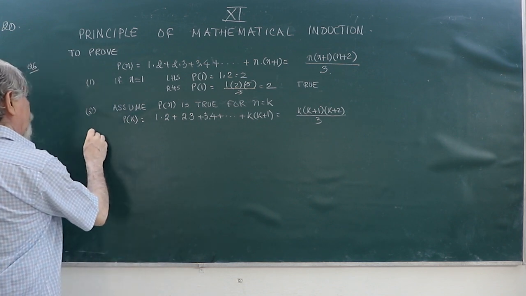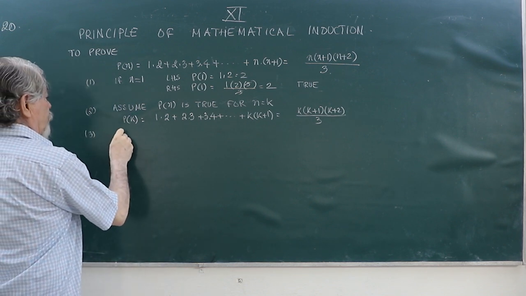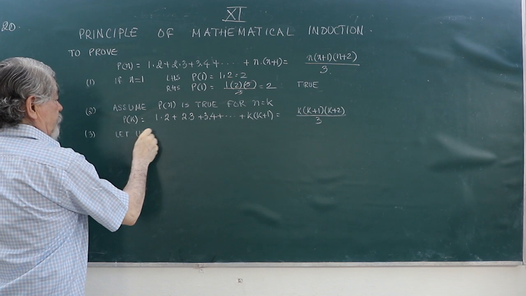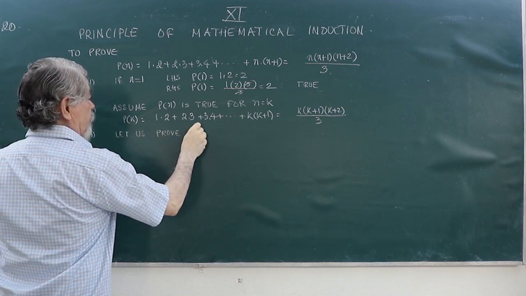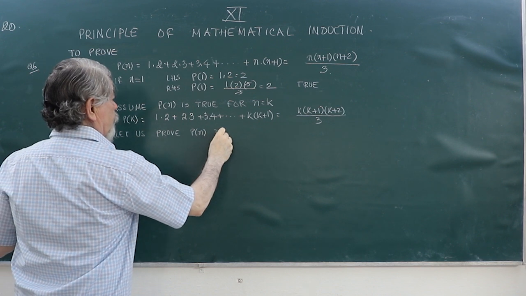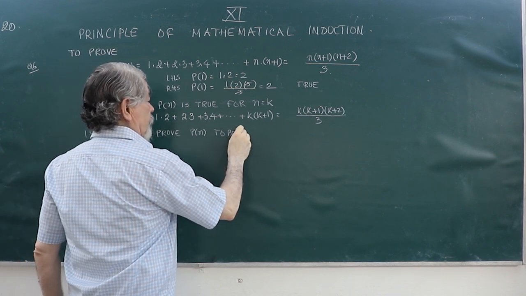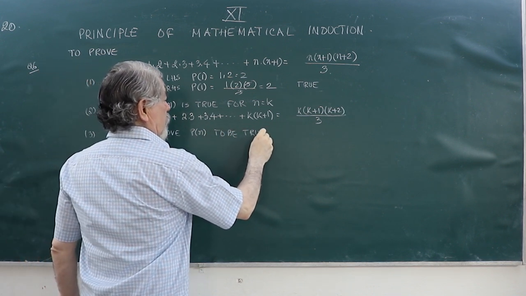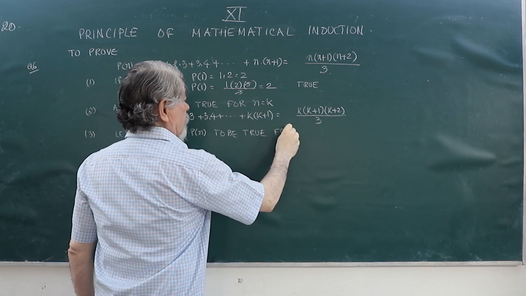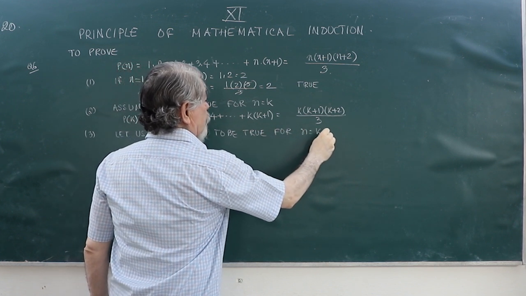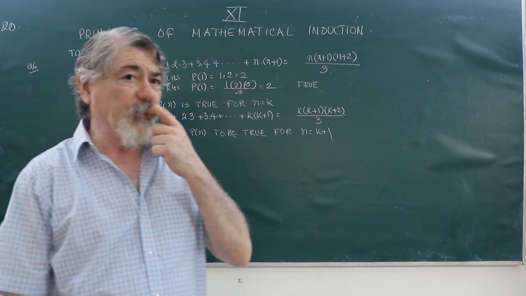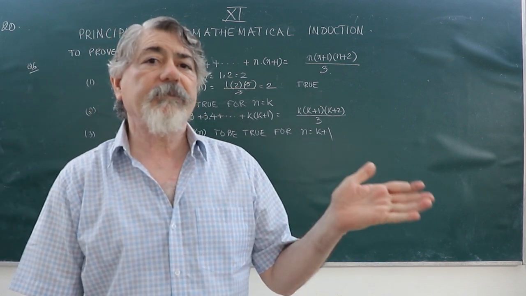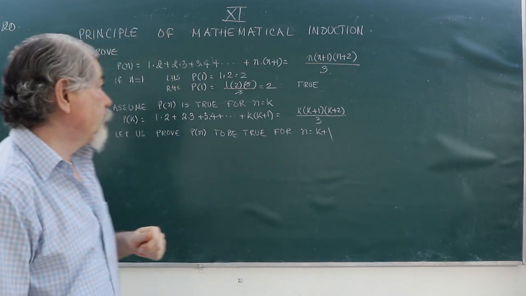Now let us prove Pn to be true for n is equal to k plus 1. Let us prove that this is true for n is equal to k plus 1. That means we will replace n by k plus 1.